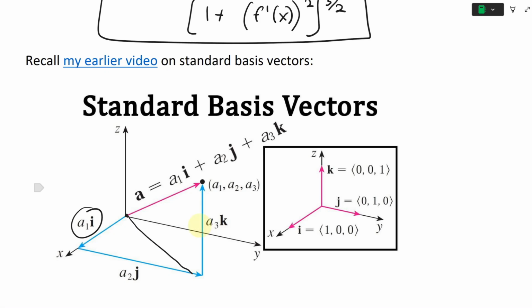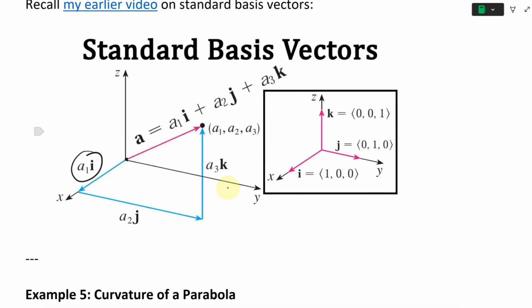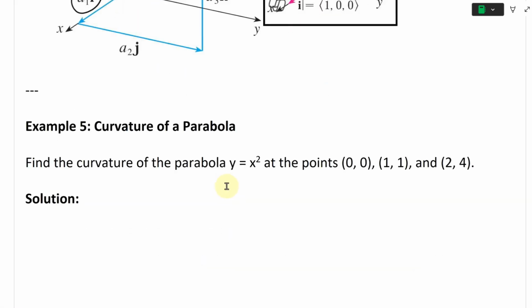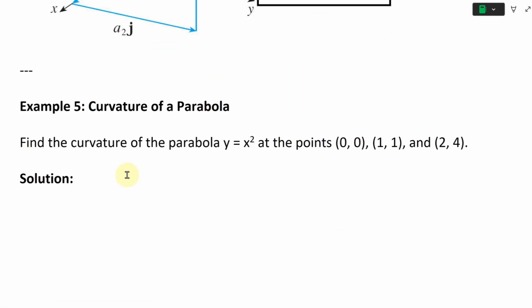And if you add 3 dimensions, you need another one, a3, so it goes all the way up. It's just vector addition. So i cross j is equal to k, and if you cross any of these by itself, parallel, it equals 0. Pretty epic stuff. All right, let's continue further and look at example 5.